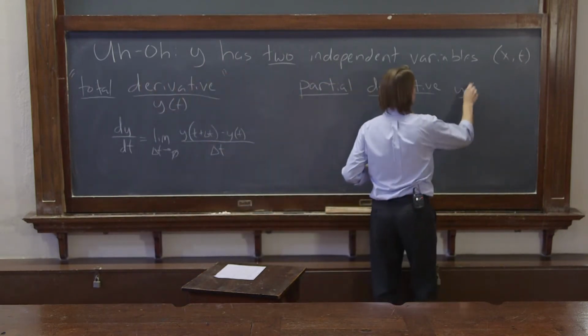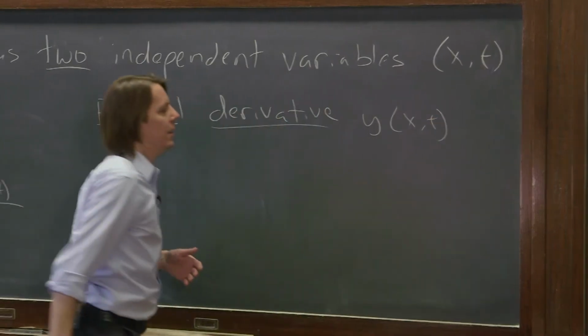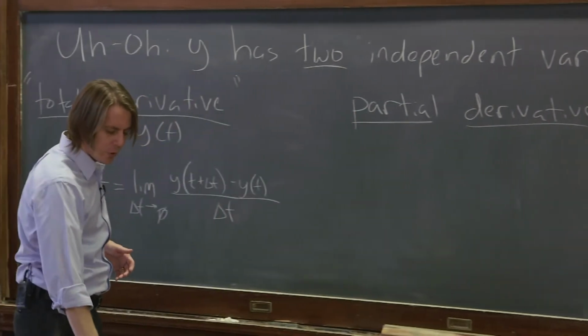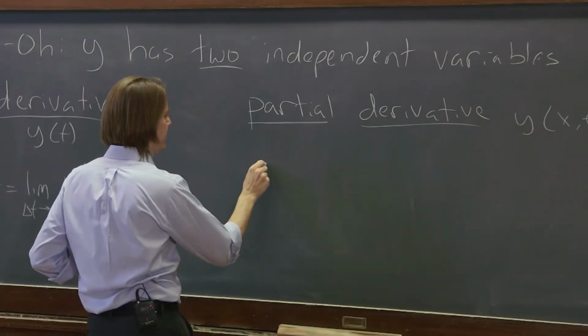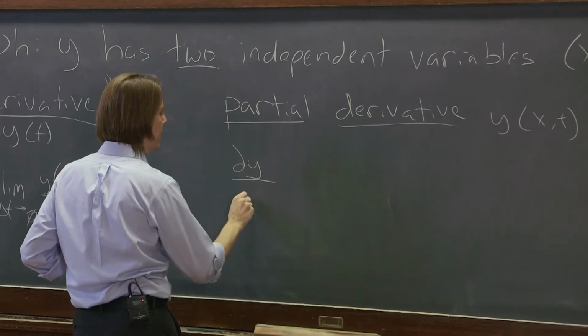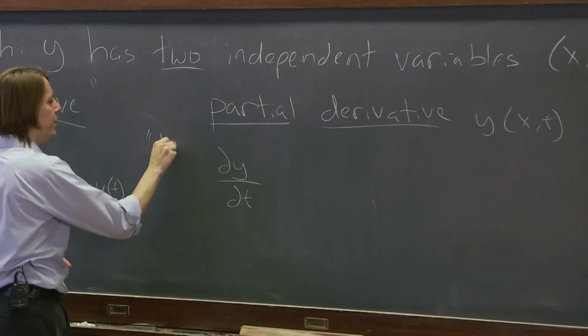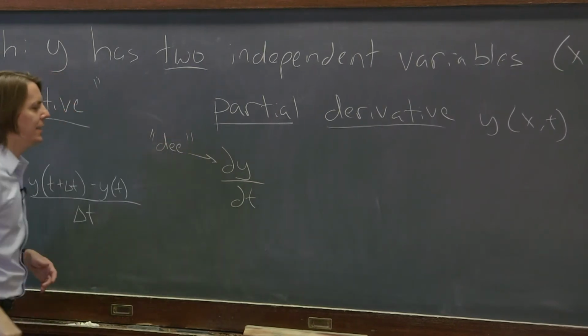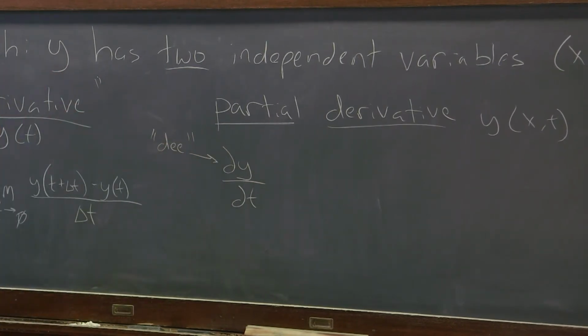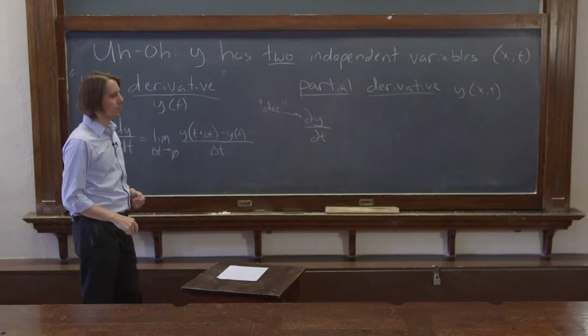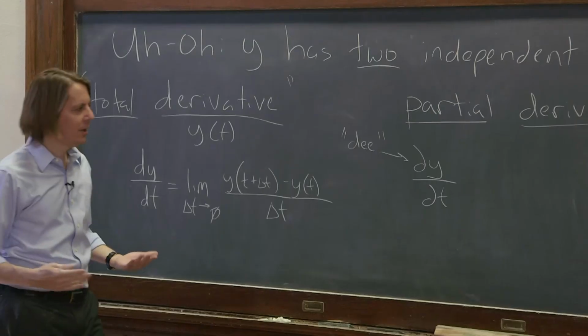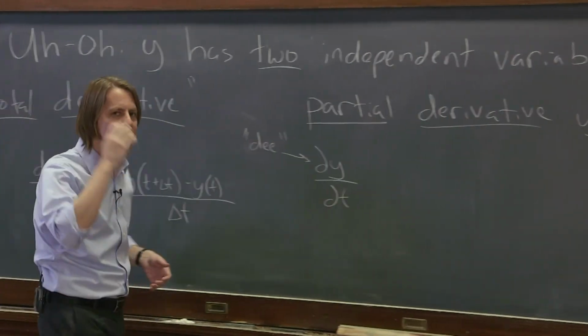Again, we're doing this because we have y of x and t. Let's see what it looks like. You actually use a different symbol for ∂y/∂t. This is not a cursive d, and it's not a regular d, and it's not a delta. It's a special symbol made up for partial derivatives. Most math programs have it in them.